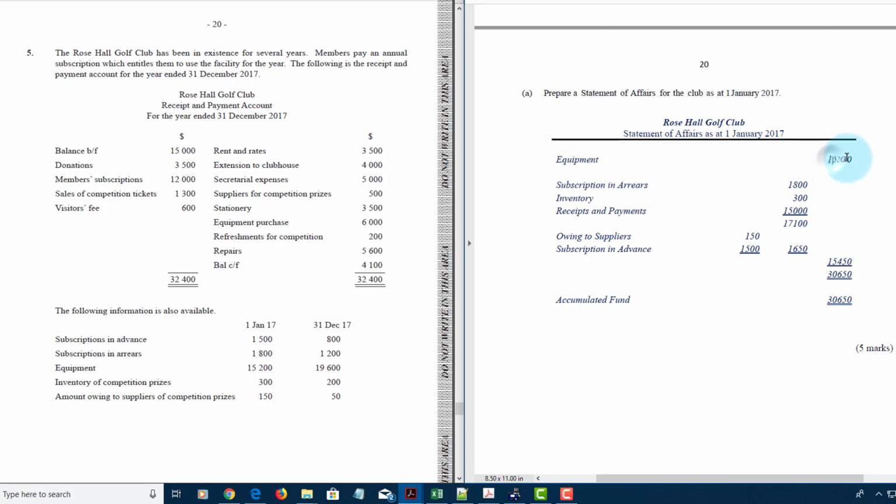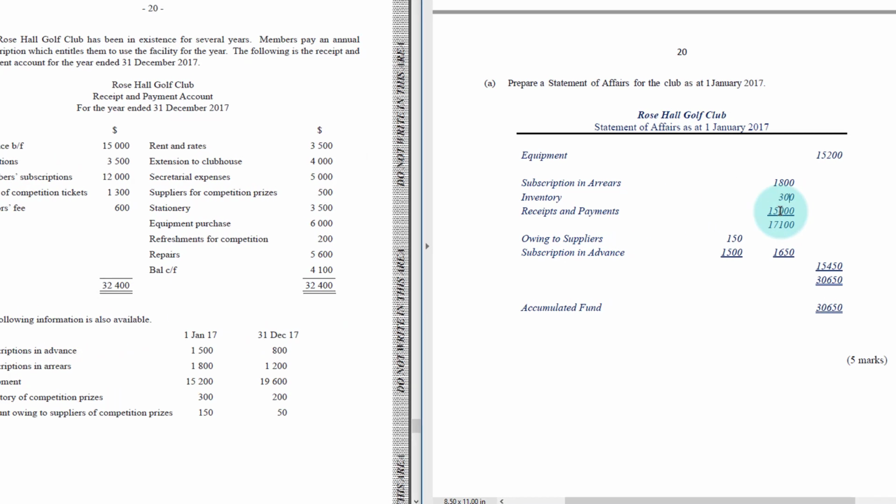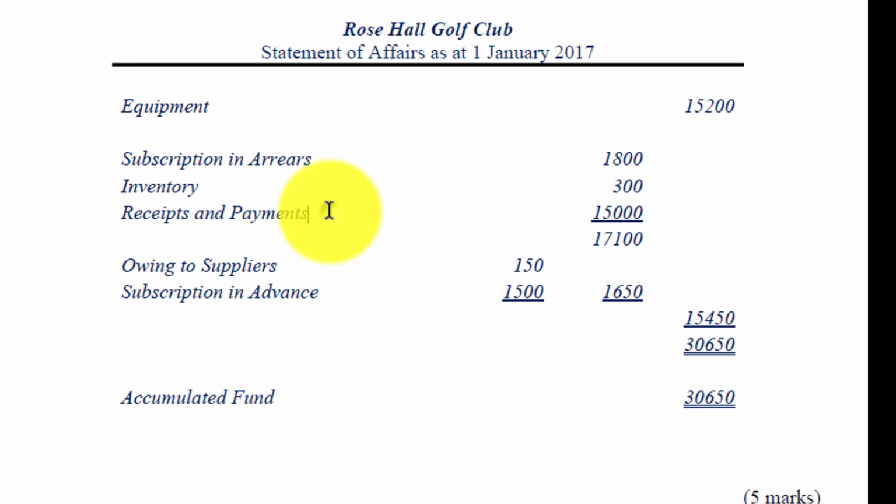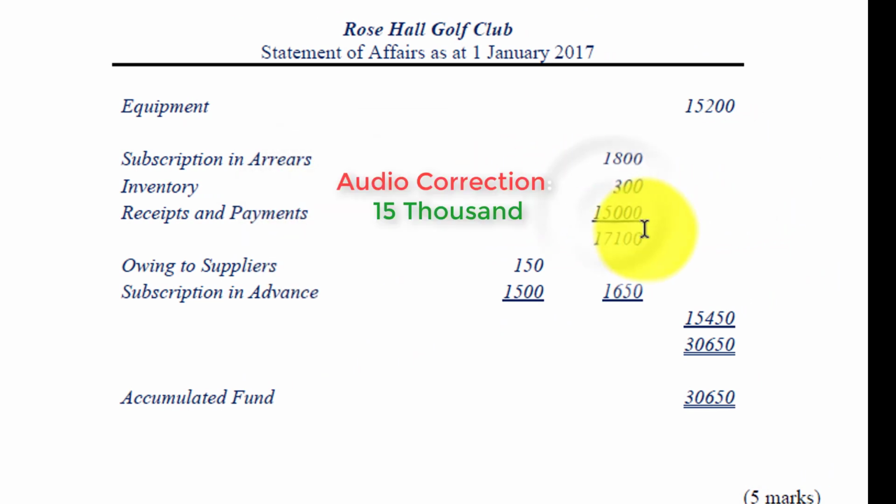Equipment, 15,200. Subscription in arrears, 1,800. Inventory, 300. Receipts and payment, or you can write bank or cash, 1,500.